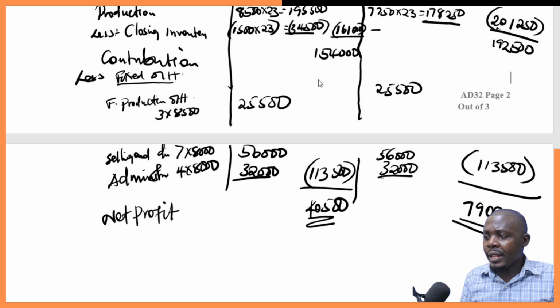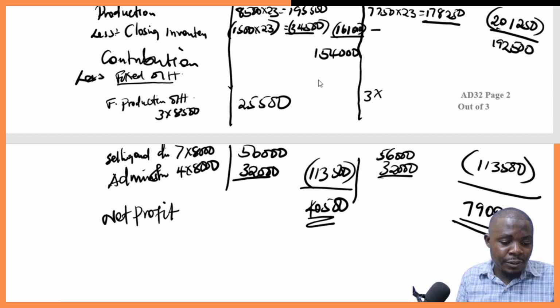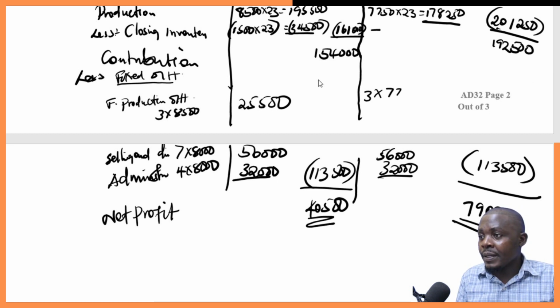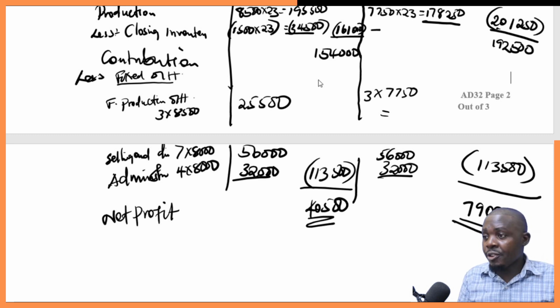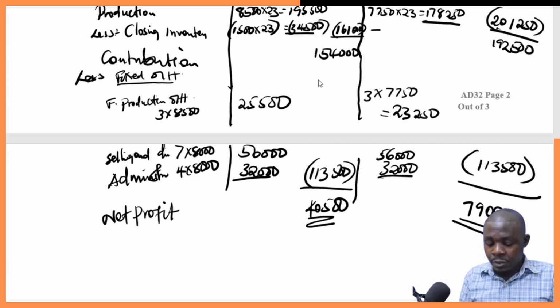Sorry, I have realized that for February the production was different. Therefore, this particular figure ought to be changed. Here we are going to have 3. We are multiplying by what we produced in February, that was 750. When you multiply 3 multiplied by 750, we have 23,250. Now 23,250 plus 56,000 plus 32,000.